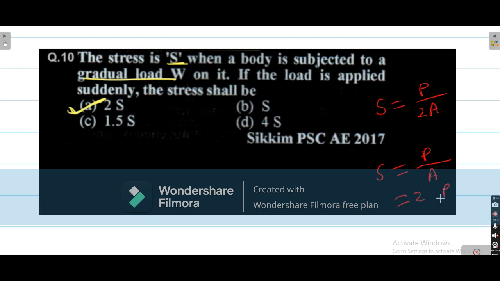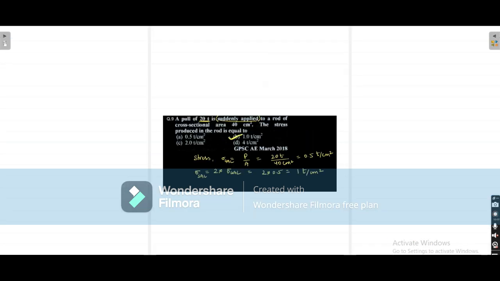So we can write it as 2P by 2A. That means 2 times S gradual. So we get 2 times the gradual load stress. That means the answer will be 2S. I hope this question is clear to everyone. Let us take up the next part.